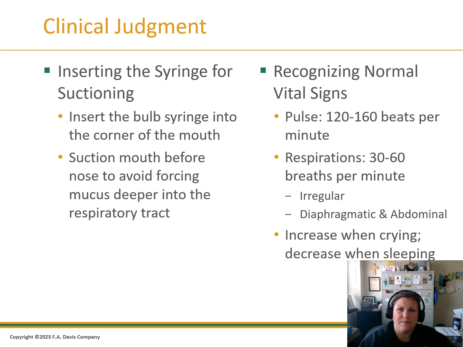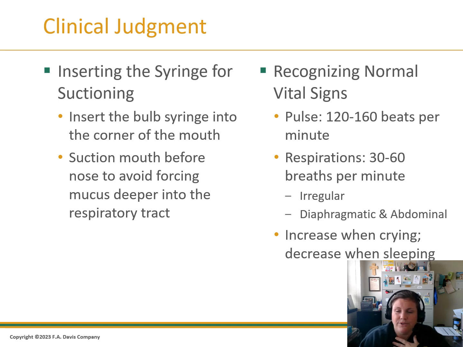Well, in this case, we might be talking more about bulb syringe suctioning, which is a syringe that you compress, and that helps to create the suction mechanism so that when you release it, wherever you've placed it, it's hopefully grasping whatever secretions are in its path. It's usually used in the mouth, sometimes also in the nose, to get mucus and snot to clear the tract for the patient's breathing.